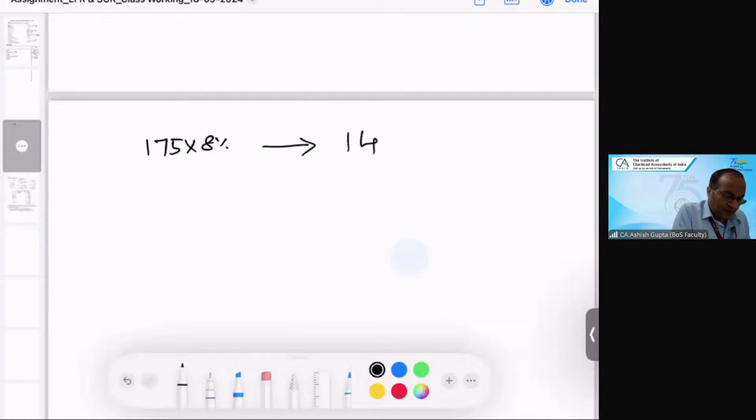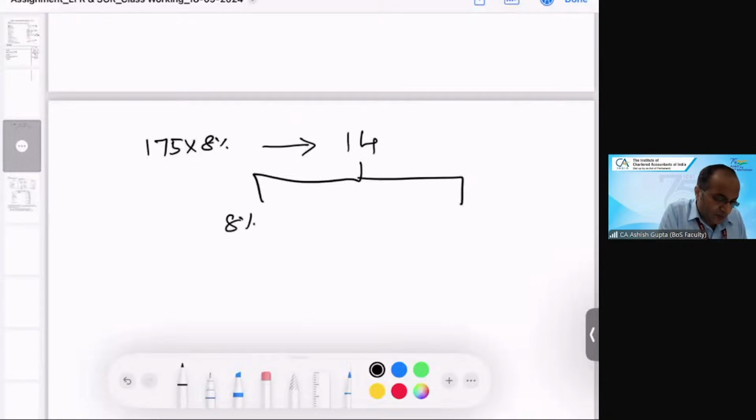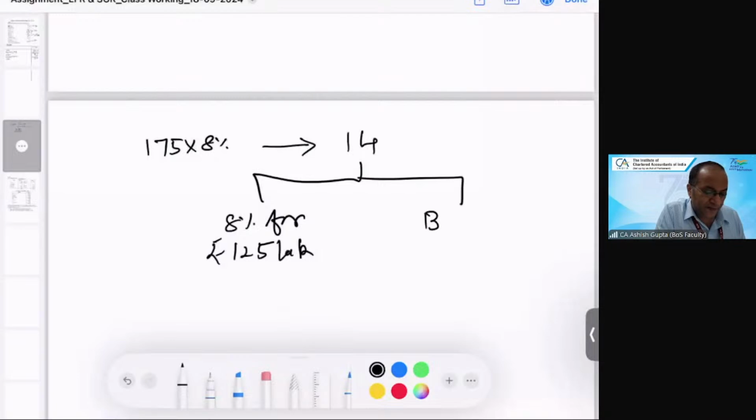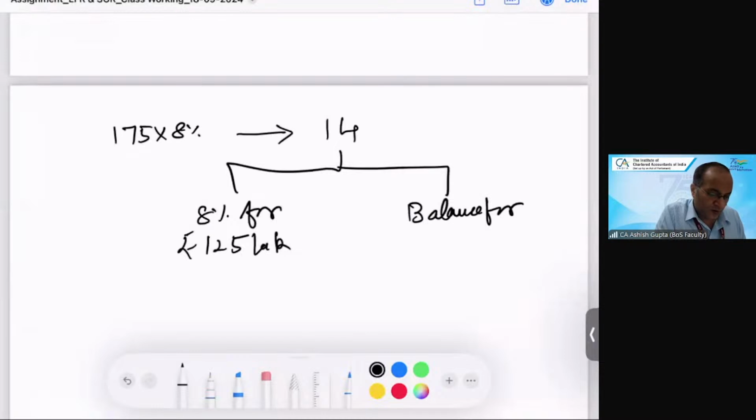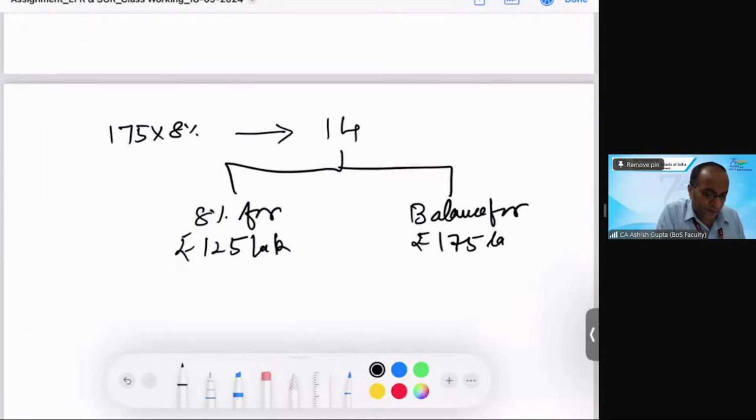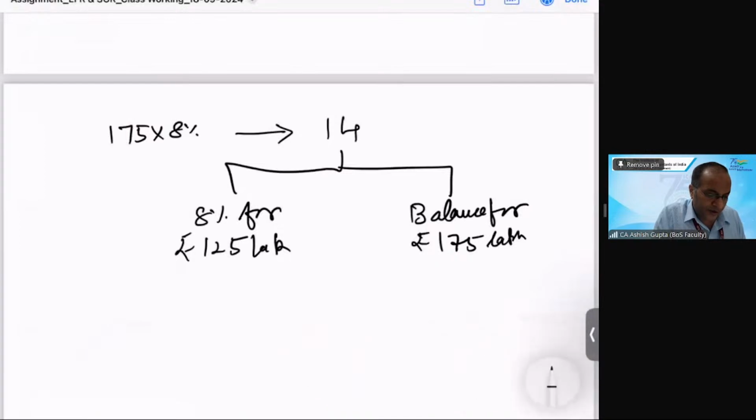14. Now this figure consists of two interest charges. One is 8% for the 125 lakh, and the balance for rupees 50 lakh.